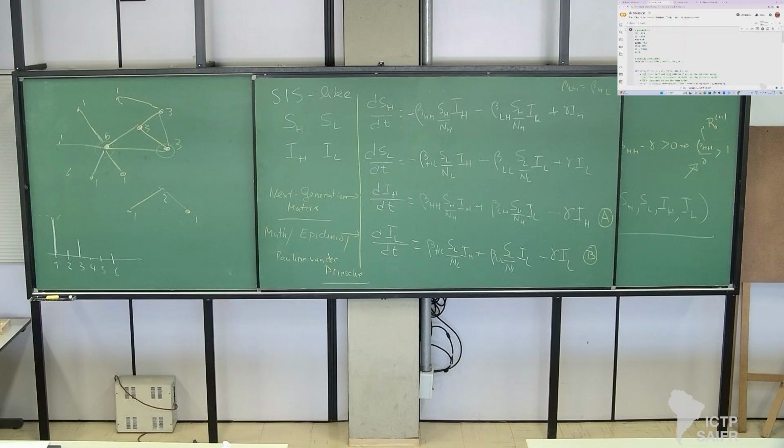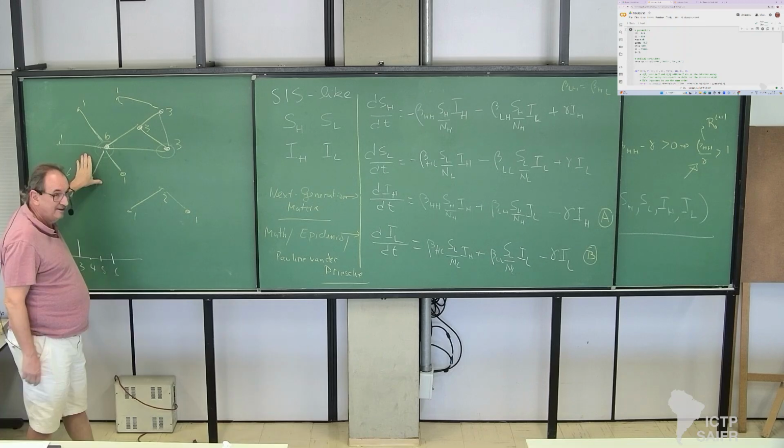Okay, so but anyhow, now this network here, you usually can't get much information about it. Okay, but this degree distribution can be easier.